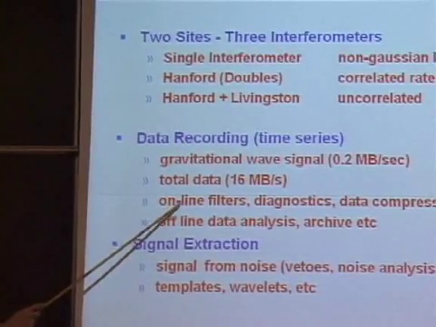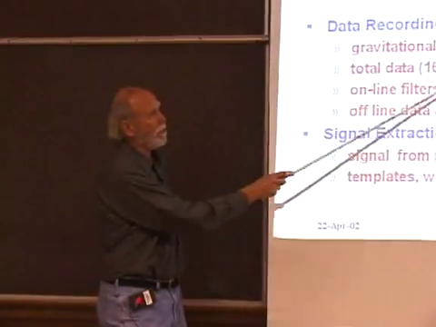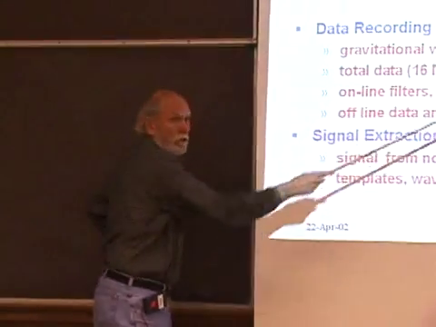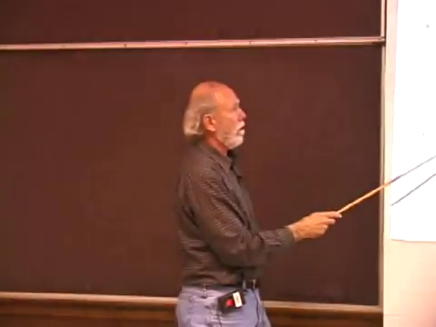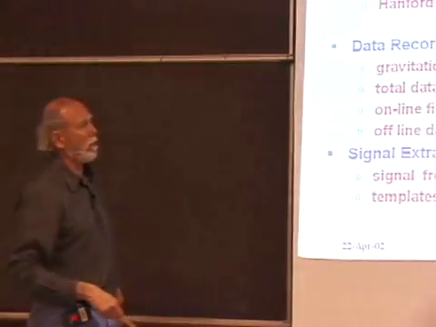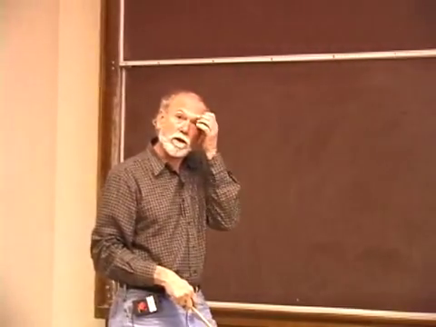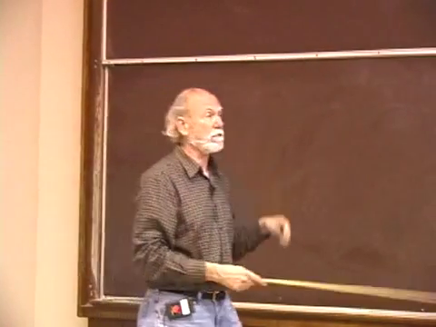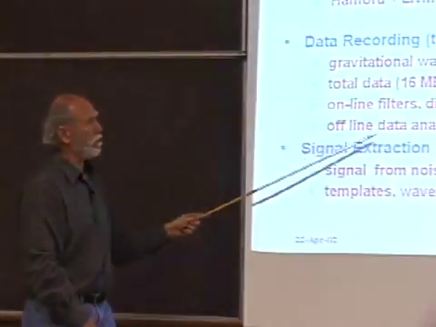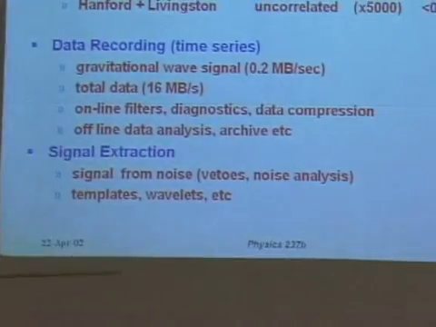We also then can use that for diagnostics, and we can do a certain amount of data compression. And the offline data is analyzed by putting it first in an archive, and we use the HPSS system in CACR here, and have built our own archive over there.